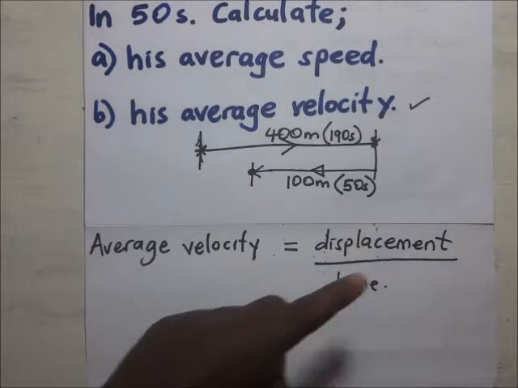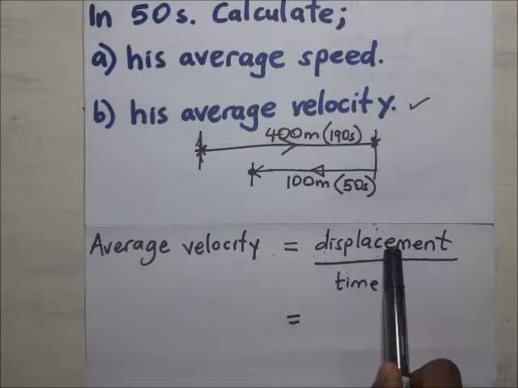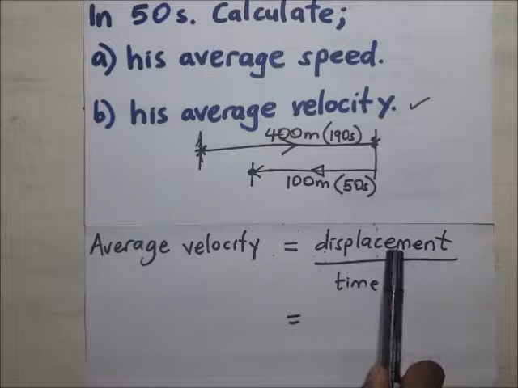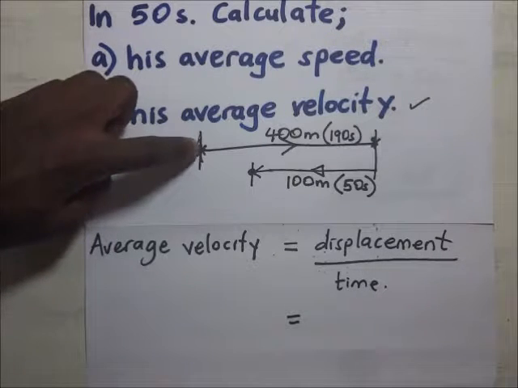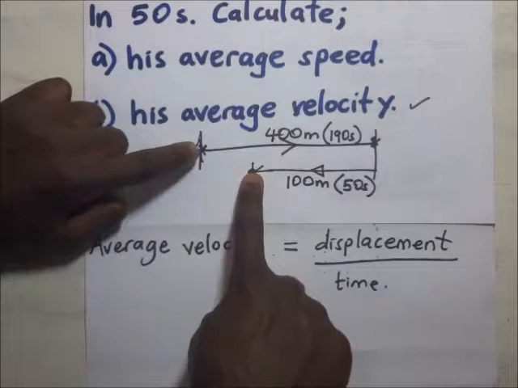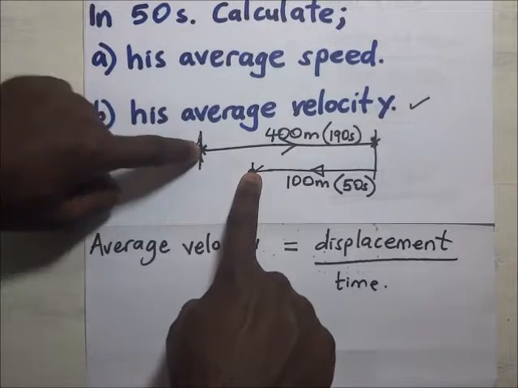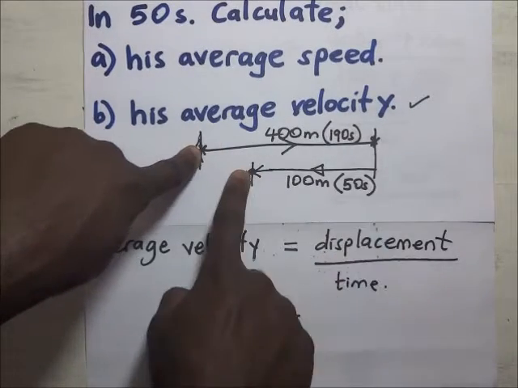But when it comes to displacement, by definition, displacement is the distance moved in a specified direction. So if this guy started moving from this point, and this is where he ended, the distance he moved is 500 meters, but his displacement is not 500 meters.